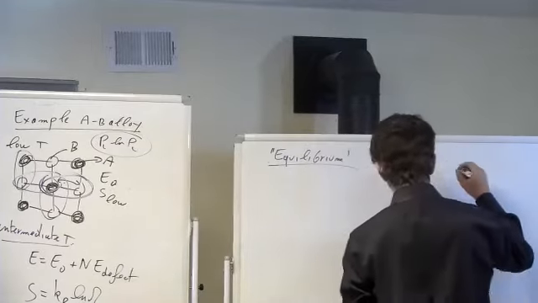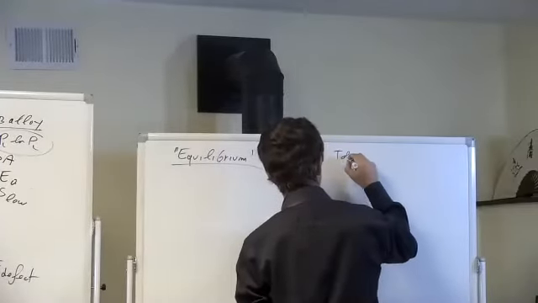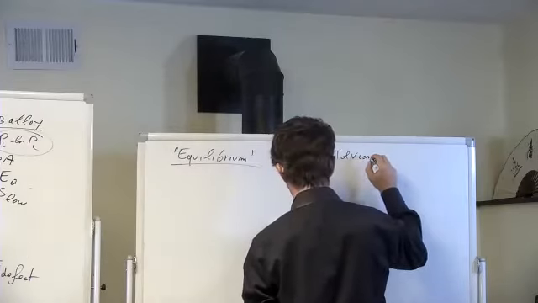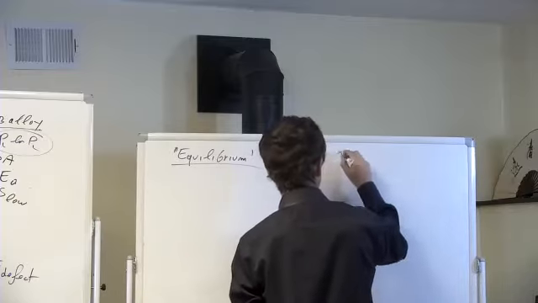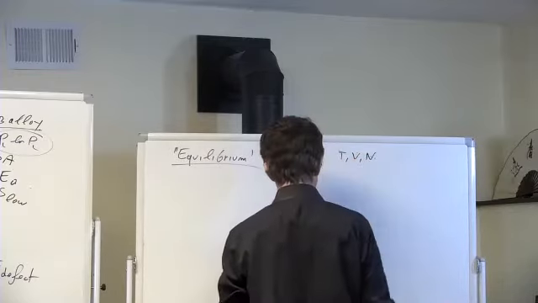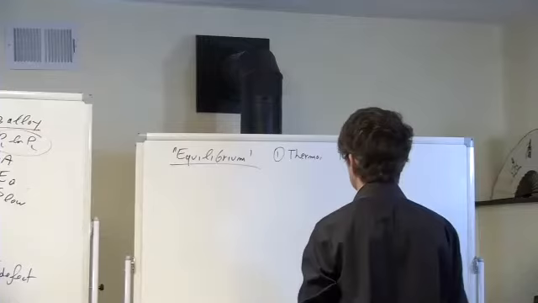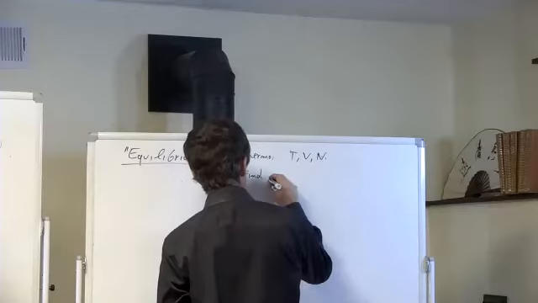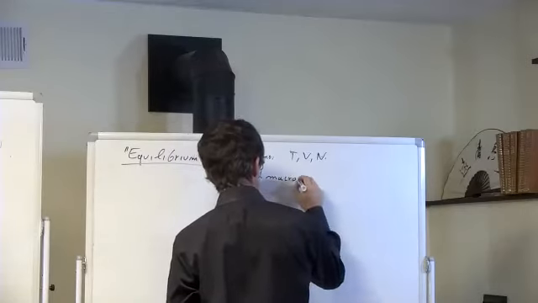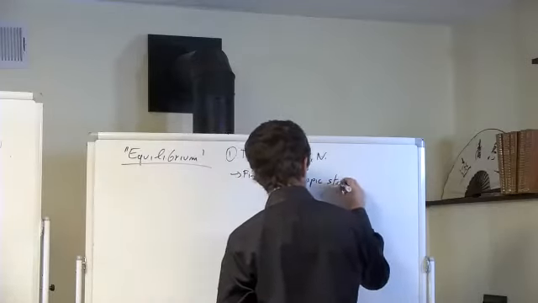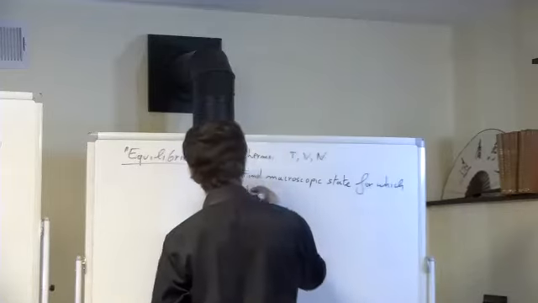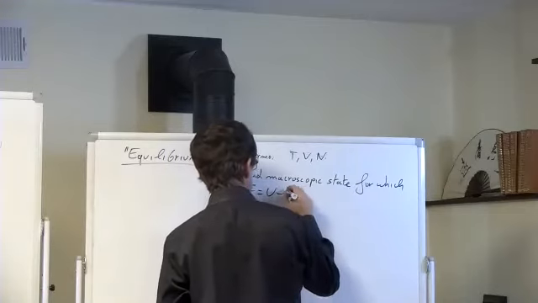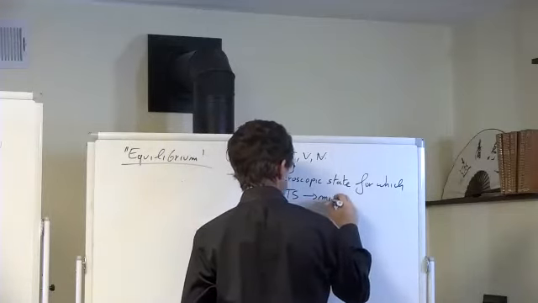I'm going to do a system under constant T, V, and N. The way I would solve this, I would find the macroscopic state for which F, which is defined as U minus TS, is minimal.